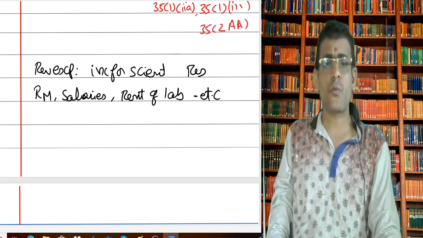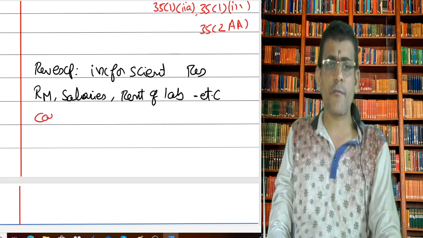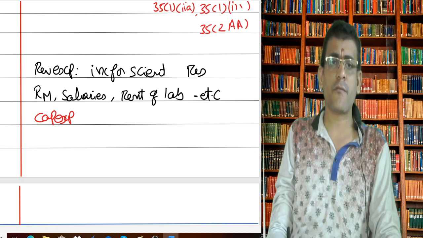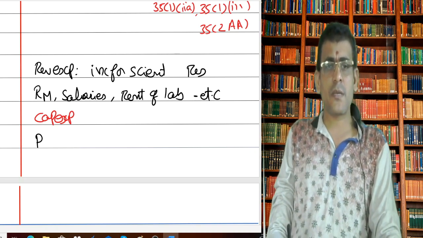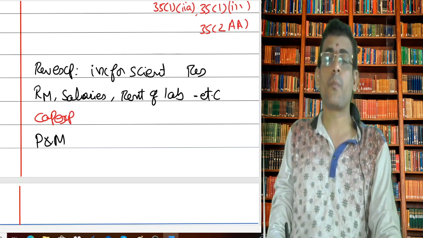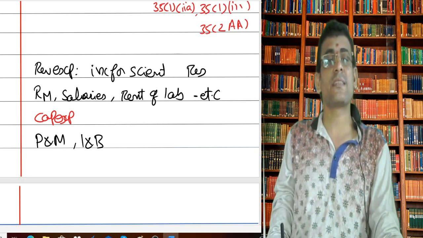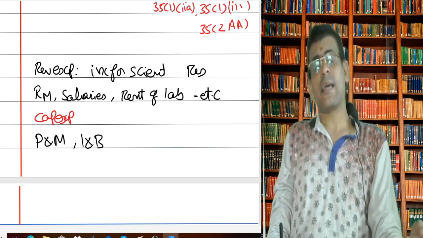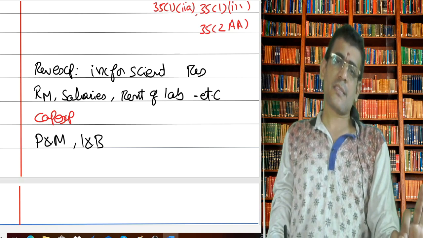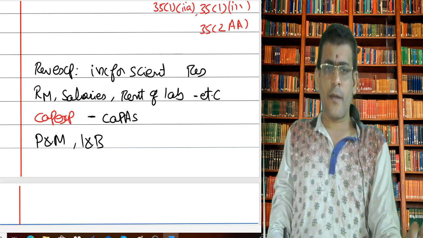Now, what are your capital expenses? Let us try to see what is the meaning of capital expense incurred for scientific research. What could be the capital expenses? Capital expenses could be plant and machinery, equipment, and land and buildings which you are purchasing for your scientific research. So any sort of capital asset, if you purchase it, this is simply a capital asset.